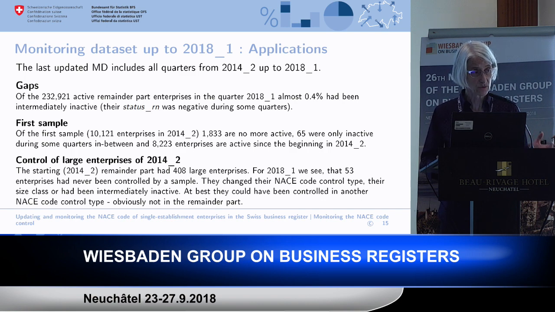These 53, we can see, had never been controlled. But it can be that they changed their structure, they became a multi-establishment enterprise, or they became a smaller one, or they had been inactive, so they left this part where we do the sample survey for the large enterprises. But we have, in principle, what we wanted. We have controlled all which had been in this large remainder part.